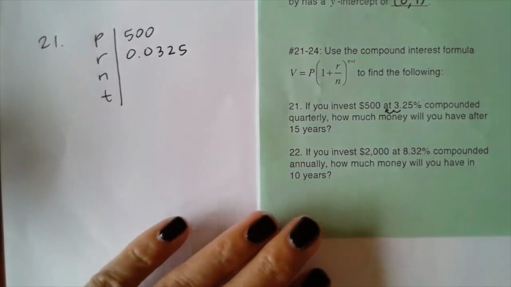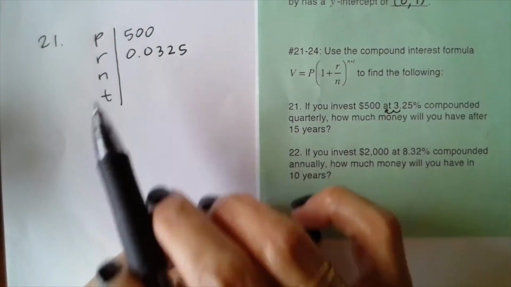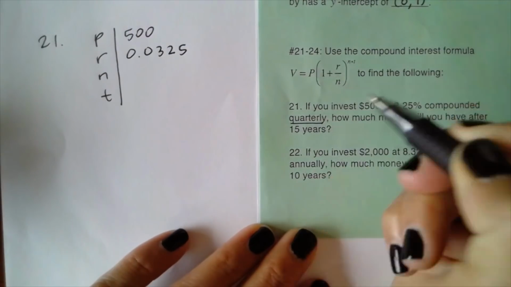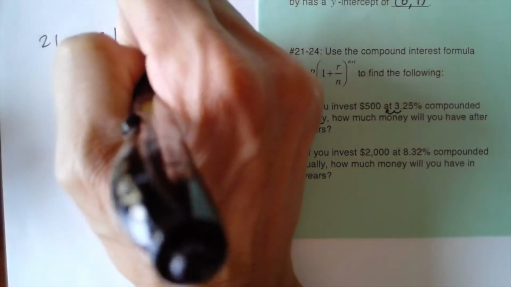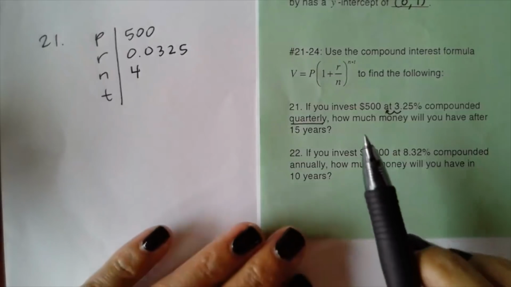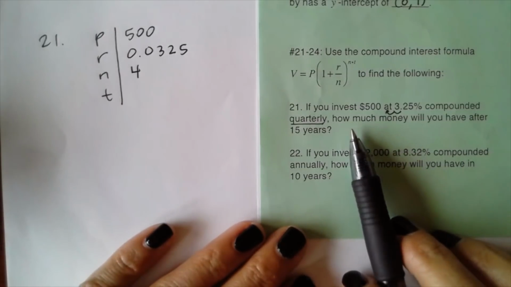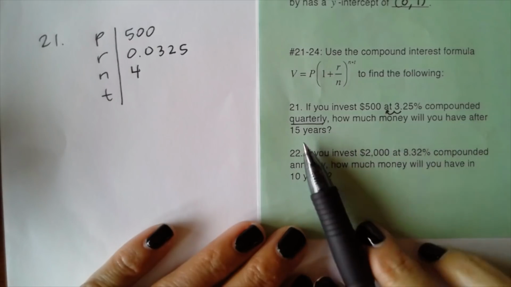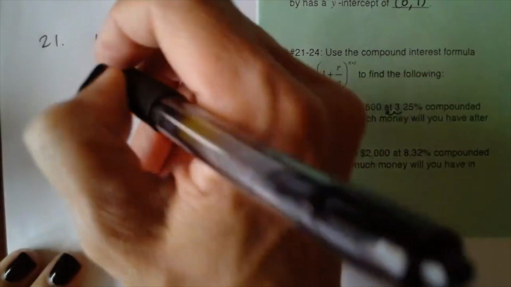So it's 0.0325. N is the number of times that the investment will compound per year, and it says compounded quarterly, so that means N is 4. And then T is the total number of years that you're investing this amount. So how much money will you have after 15 years? So T is 15.